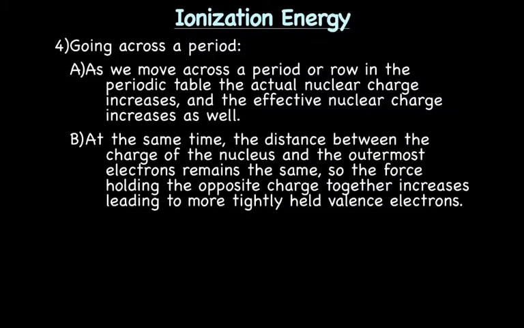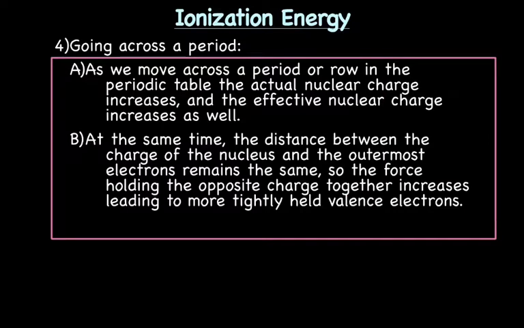At the same time, the distance between the nucleus and the outermost electrons remains the same, but the charge on the nucleus increases, so the force holding the opposite charges together increases, leading to more tightly held valence electrons. Okay, so these reasons are exactly the same as the reasons for ionic size and atomic size.